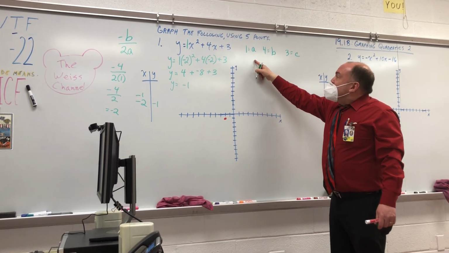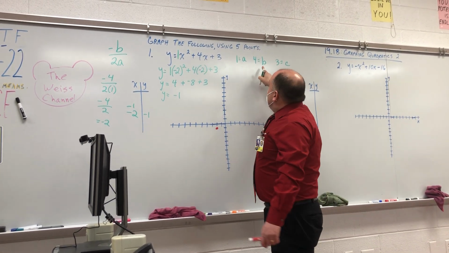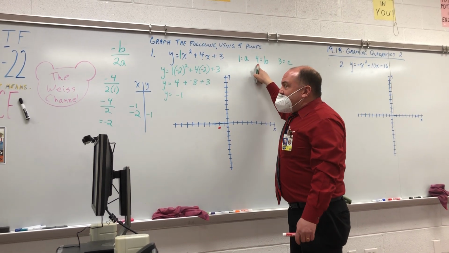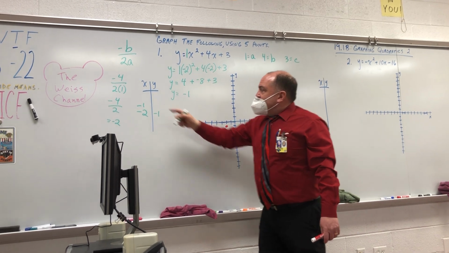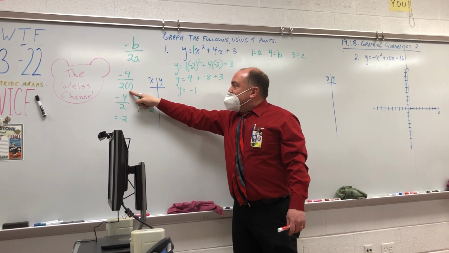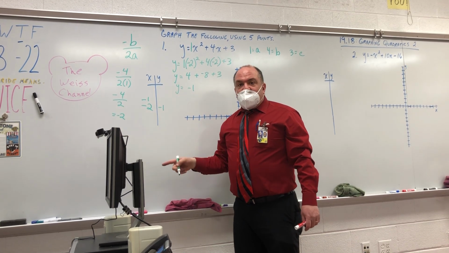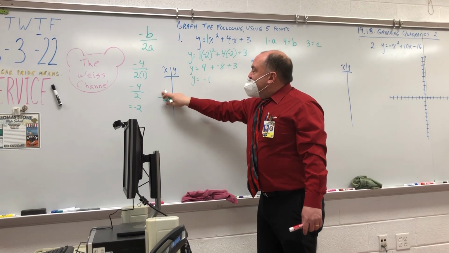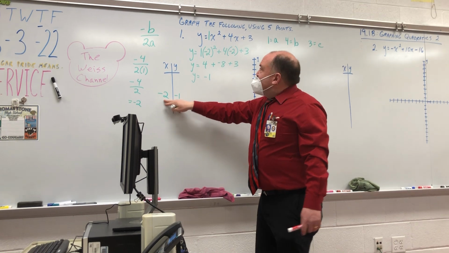Okay? So what you're going to do, you're going to start with negative b over 2a. That's going to be negative 4 over 2 times 1. That's negative 4 over 2, or negative 2. Okay, so I'm going to put negative 2 in for x.